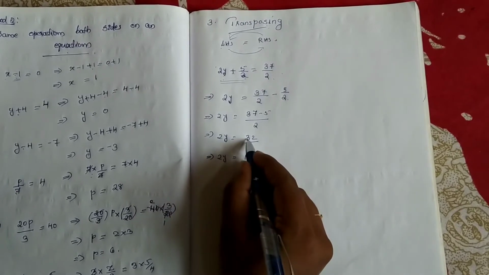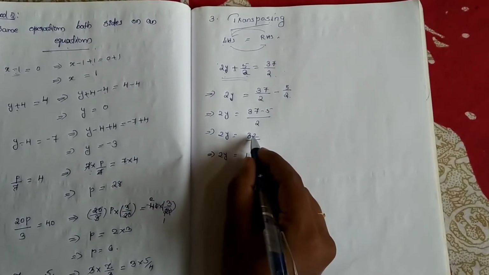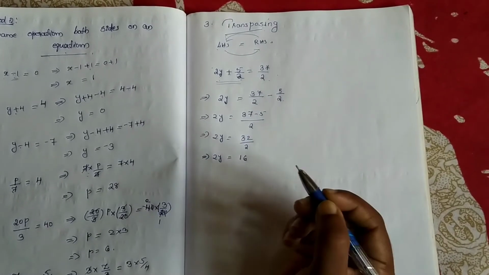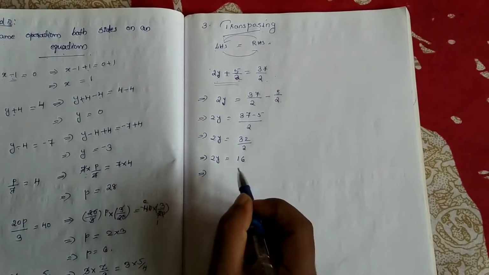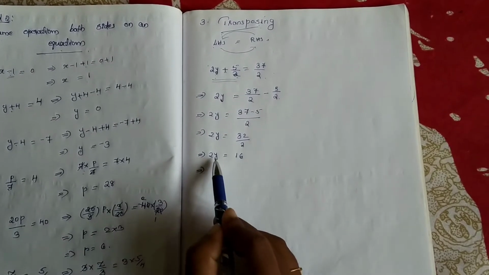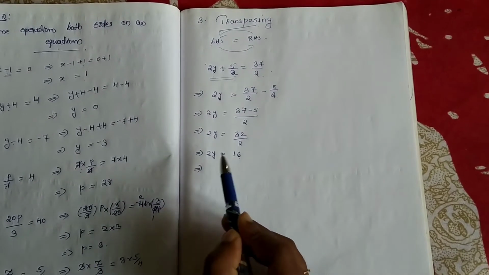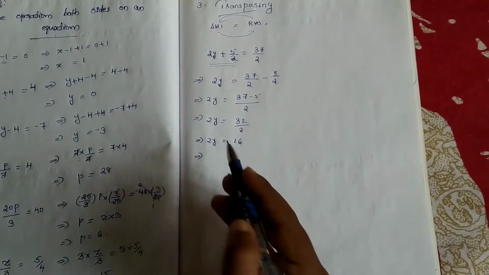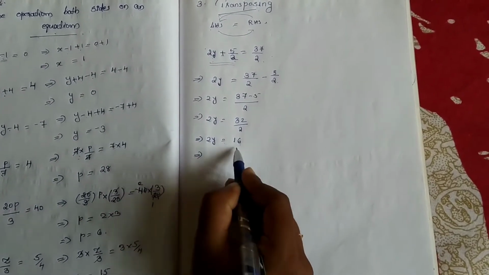32 divided by 2: 2 ones are 2, remaining 1, 12, 6 twos are 12, so 16. So listen here, 2y is equal to 16. That means we want to find the variable y only. So y will stay here and 2 we want to move.